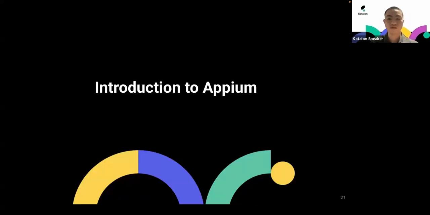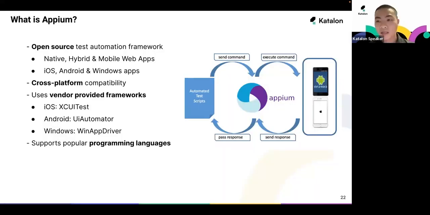Introduction to Appium. As you may know, Appium is an open source project and ecosystem of related software designed to facilitate the UI automation of many application platforms, including mobile, iOS, Android, browsers like Chrome, Firefox, Safari, desktop like macOS and Windows, TV, and more.